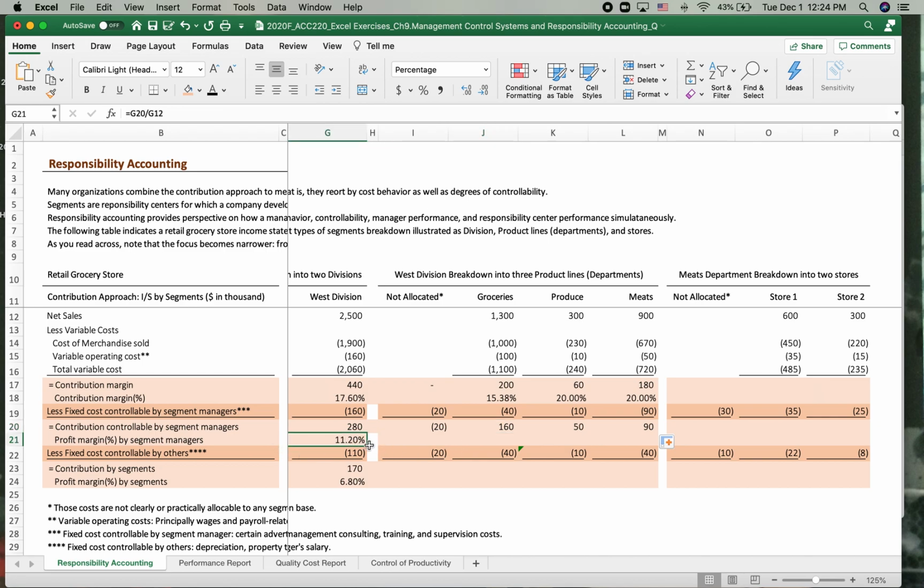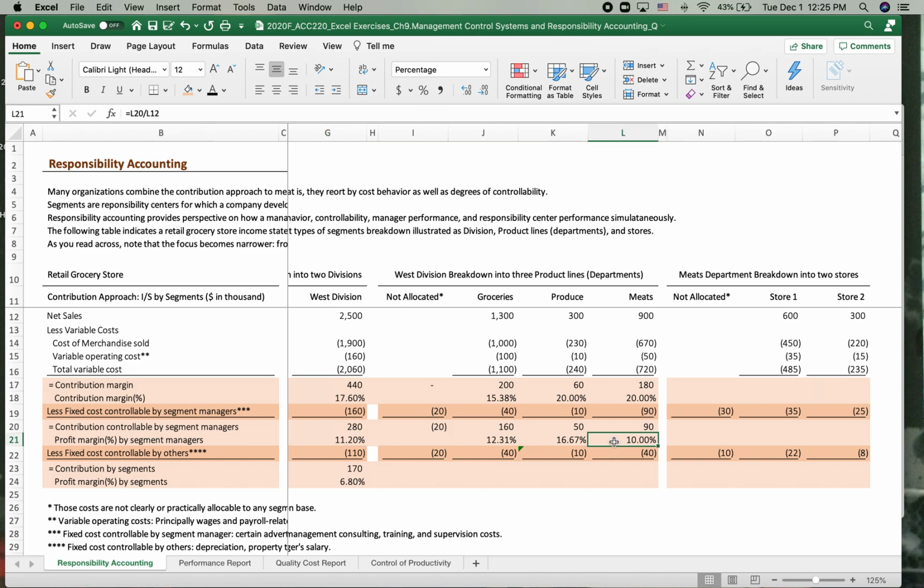But we also want to know the profitability. You can see that the produce department has 16%, very high. The overall West division was 11.2%, but 16.67% is high, and 12.31% in the grocery store is definitely higher than the overall West division profit margin percentage by segment managers.